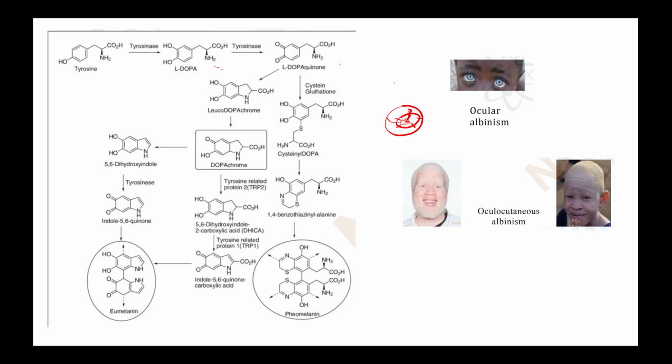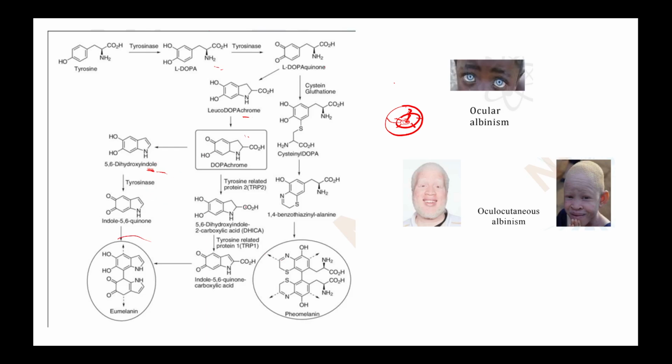Then dopa is converted into dopaquinone and further cyclized to dopachrome. Dopachrome then gets converted into indolic compounds, dihydroxyindole or dihydroxyindole carboxylic acid. And these compounds can polymerize to form the eumelanin. So this is the eumelanin pathway.